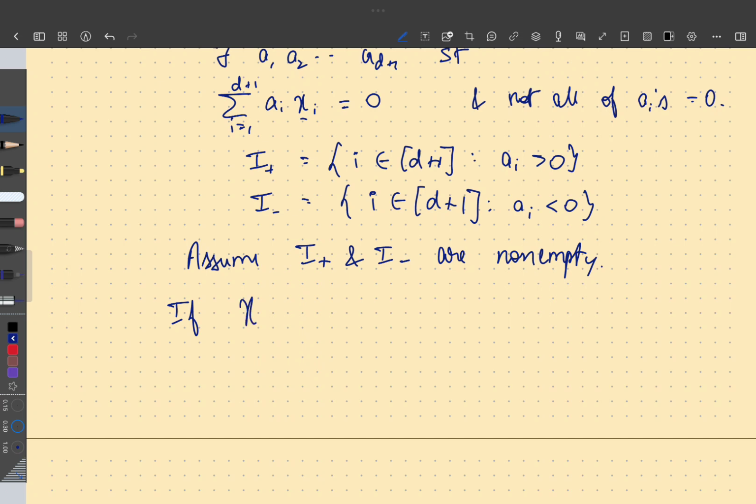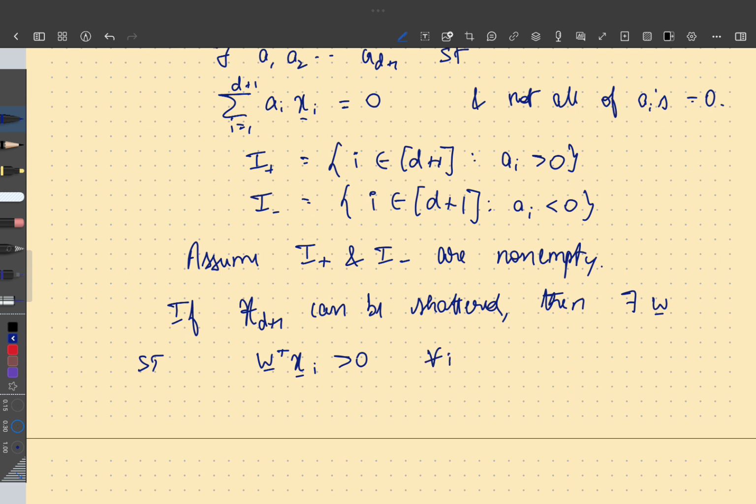If x1 through x_{d+1} can be shattered, then there should be some w such that w transpose xi is greater than 0 for all i in I plus and less than 0 for all i in I minus, because I can generate every possible labeling.